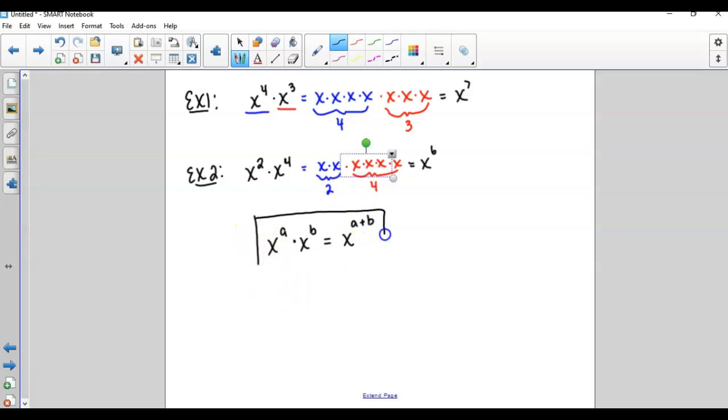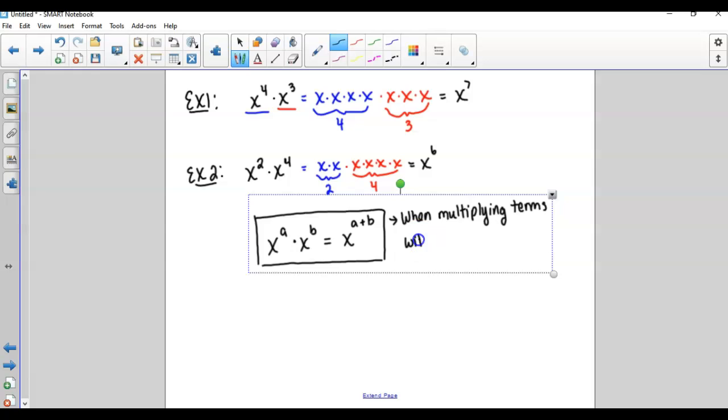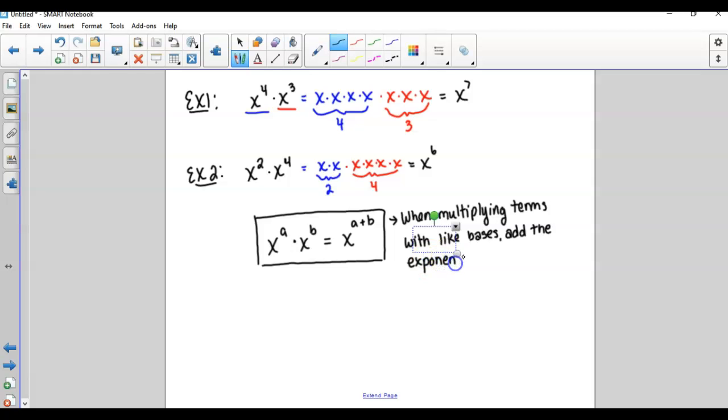So what this is telling us right here is that when we are multiplying terms with like bases, we can just add the exponents. Okay, so you do have to have the same base.